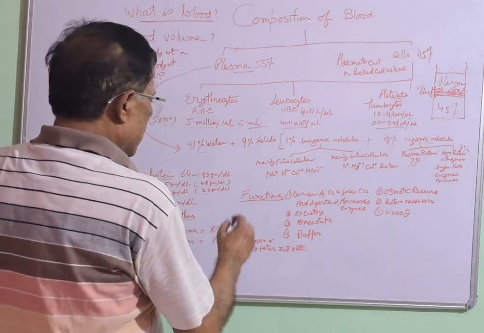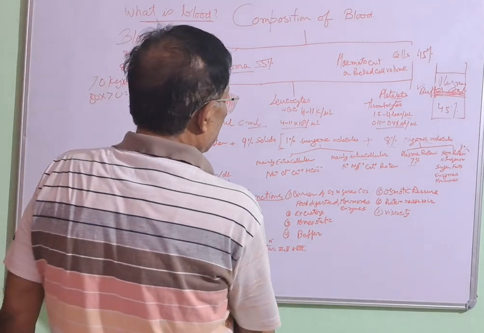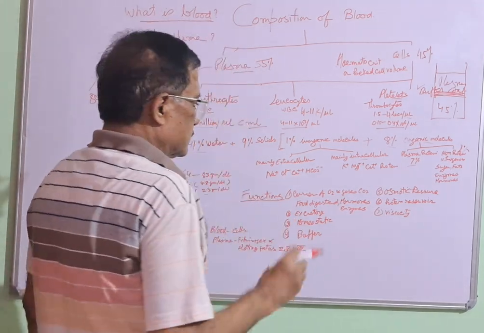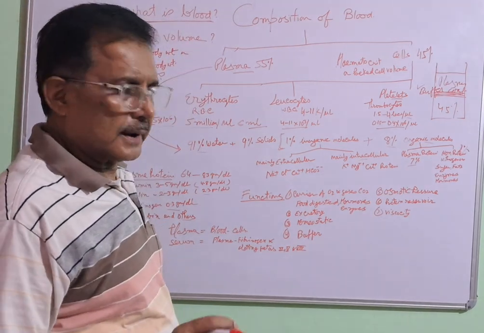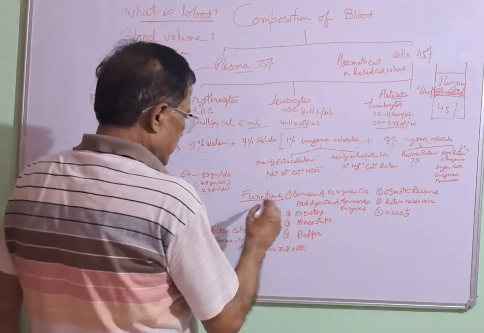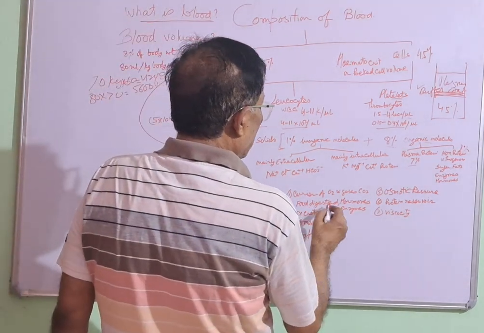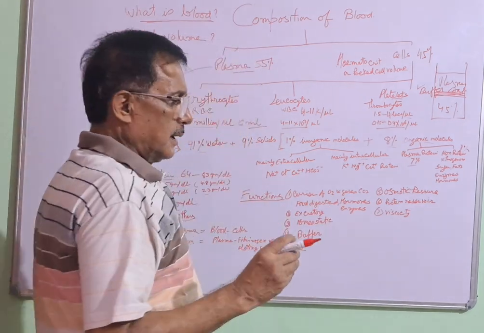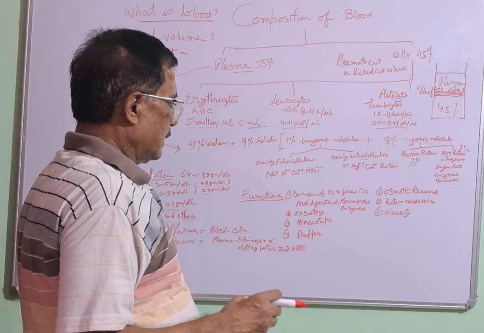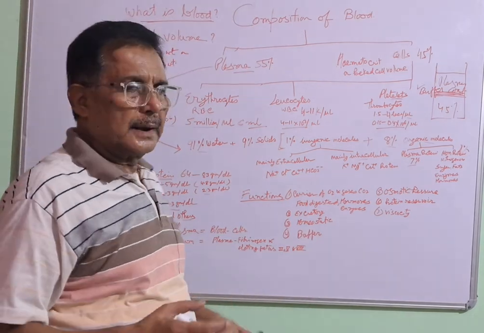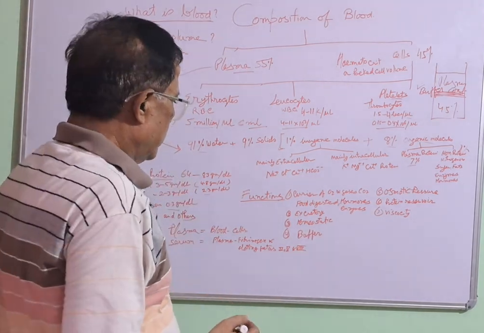And functions of blood: carrier of oxygen, carbon dioxide, all gases are carried by blood. And digested food materials, amino acids, fatty acids, glucose, hormones, enzymes, everything is carried by blood.